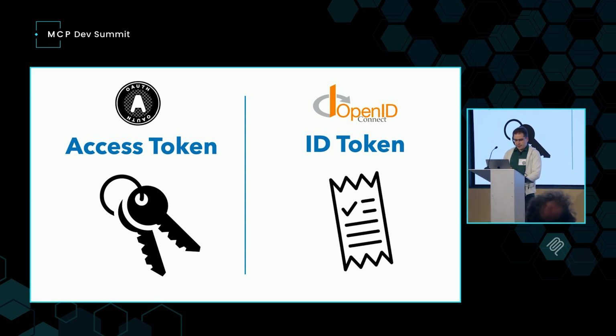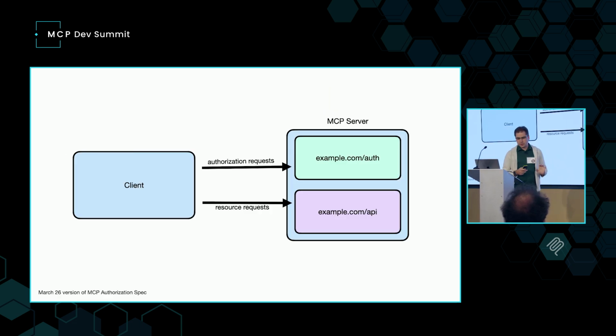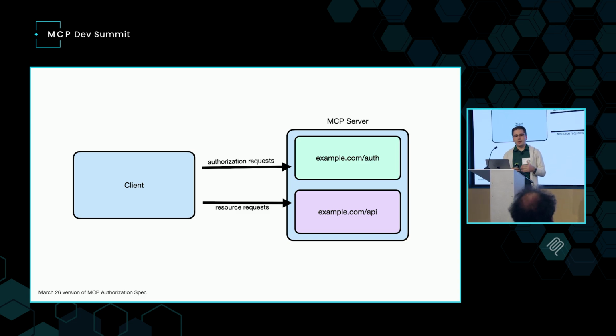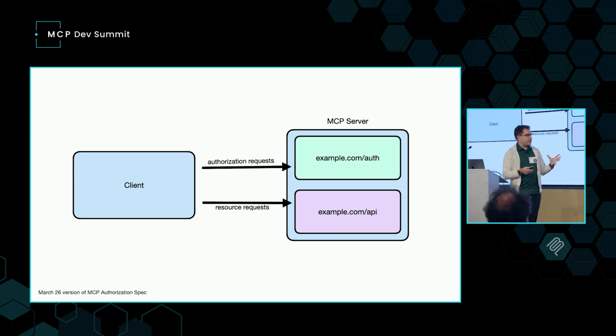So, okay. What does this have to do with MCP? Well, in the previous version, I guess current dated version, of the MCP remote spec from March 26th, it defined how an MCP server behaves and how a user needs to interact with it to log in.